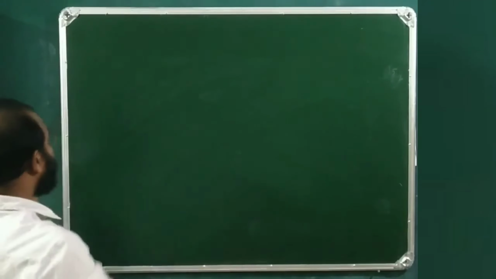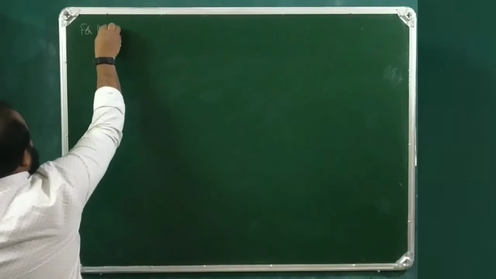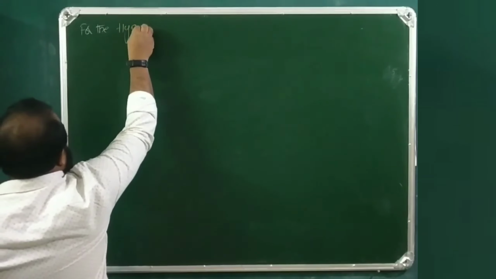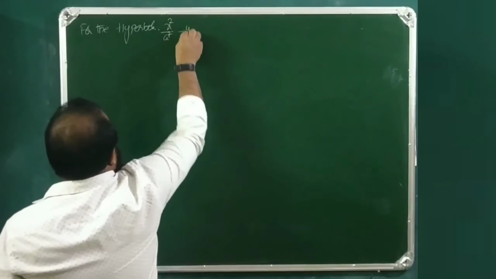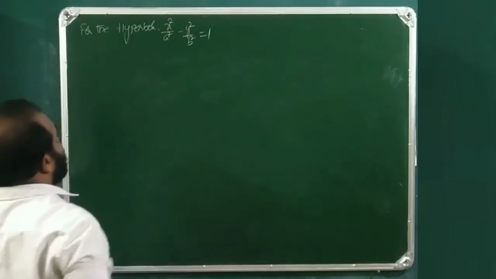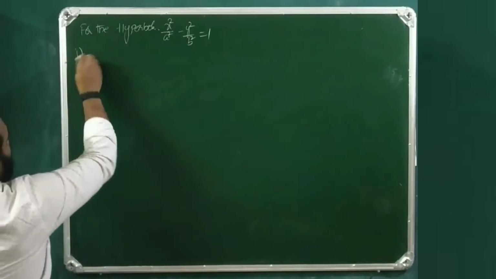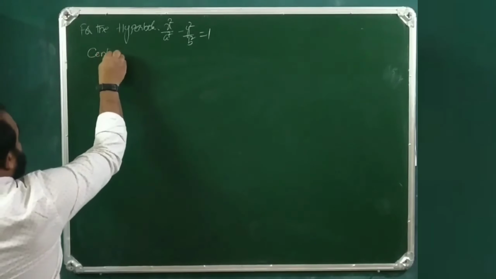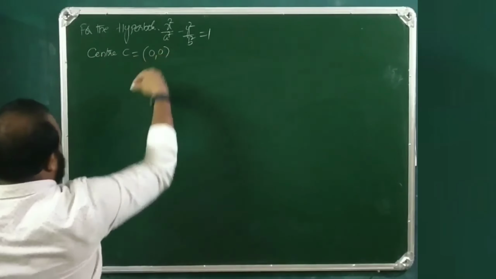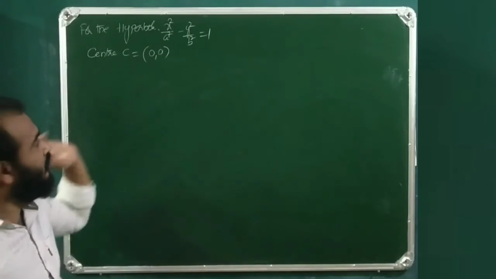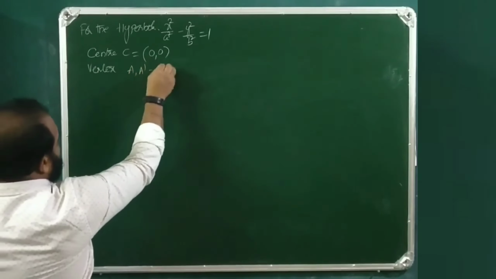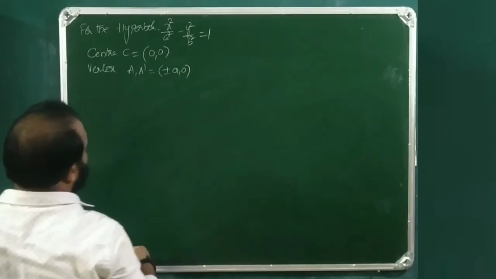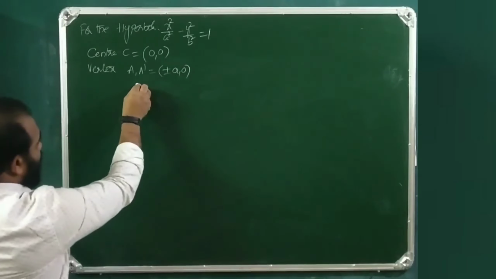Let us write all the formulae at one place. For the hyperbola x square by a square minus y square by b square equals to 1, the center C is equals to 0, 0. Center is at the origin. Vertices A comma A dash, plus or minus a comma 0. So the hyperbola is of this form.